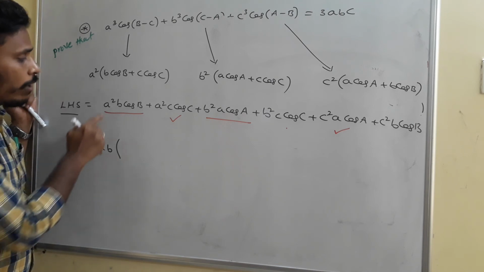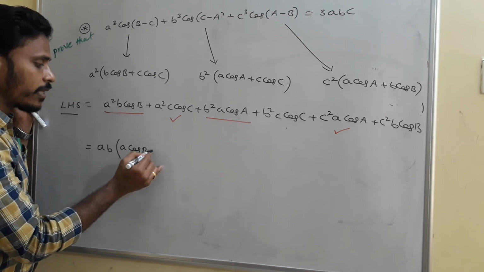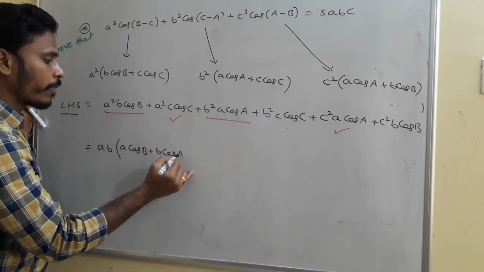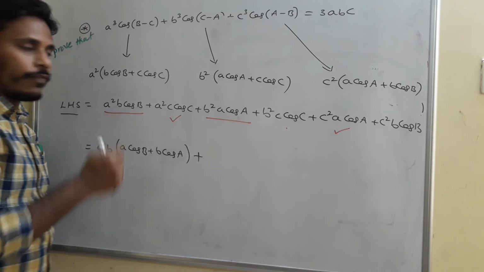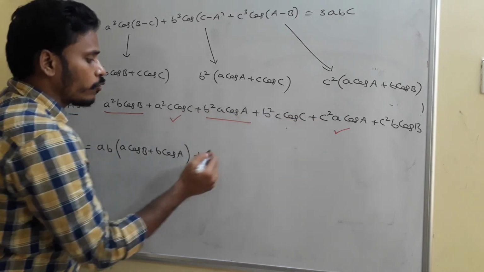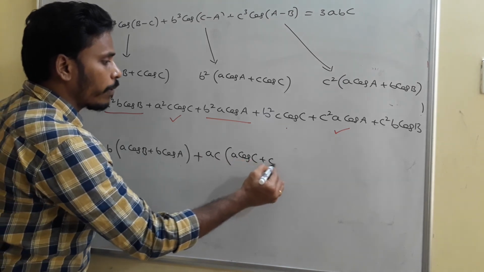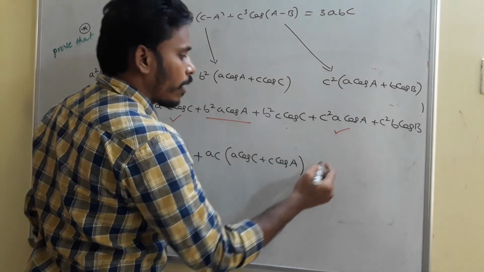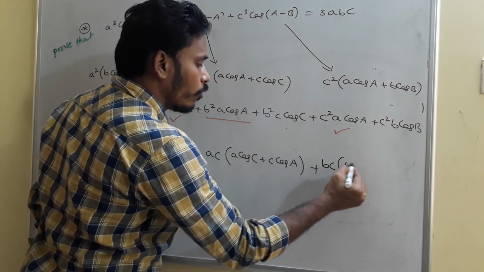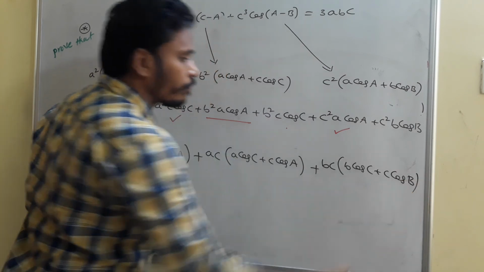In the bracket you are left with a cos B plus b cos A. Now observe these two terms which I marked with a tick. In these two terms you common out ac, you are left with a cos C plus c cos A. The remaining two terms, if you common out bc, you are left with b cos C plus c cos B.